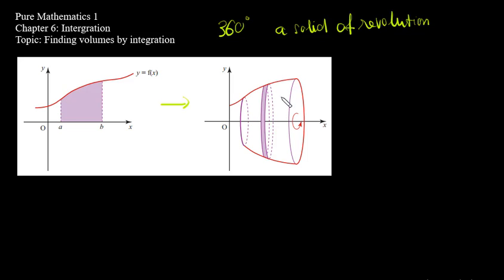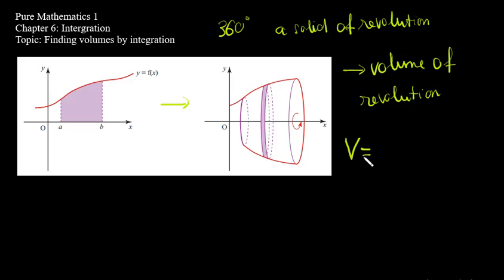And now we can use integration to determine the volume of the solid. And now we will determine the volume of revolution. The general rule for that, we will have the volume equal to pi multiplied with the integral between b and a.